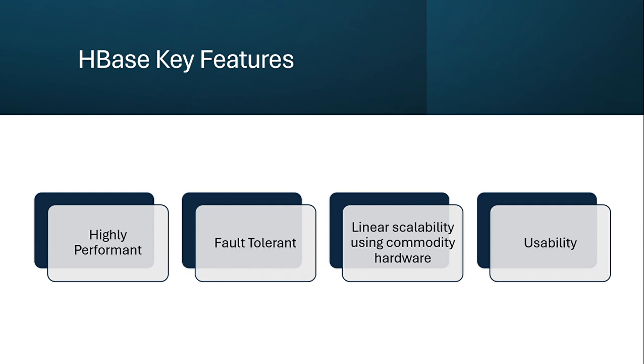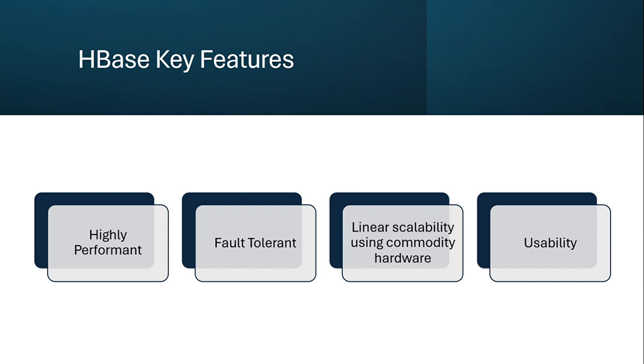Next, when you talk about usability, it supports a flexible data model. It is not tightly coupled with schema, which is the major drawback we have seen in RDBMS. So at runtime, if you need a new column, you can go for it. And also it is free and open source with strong community support.